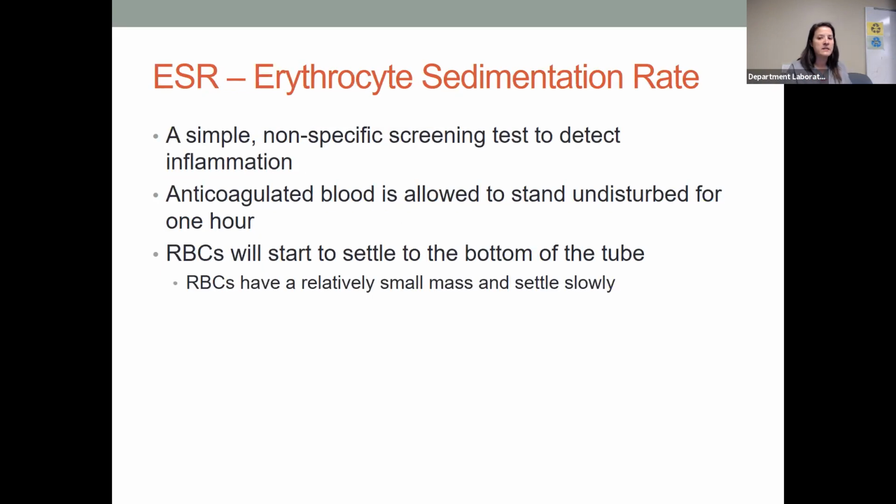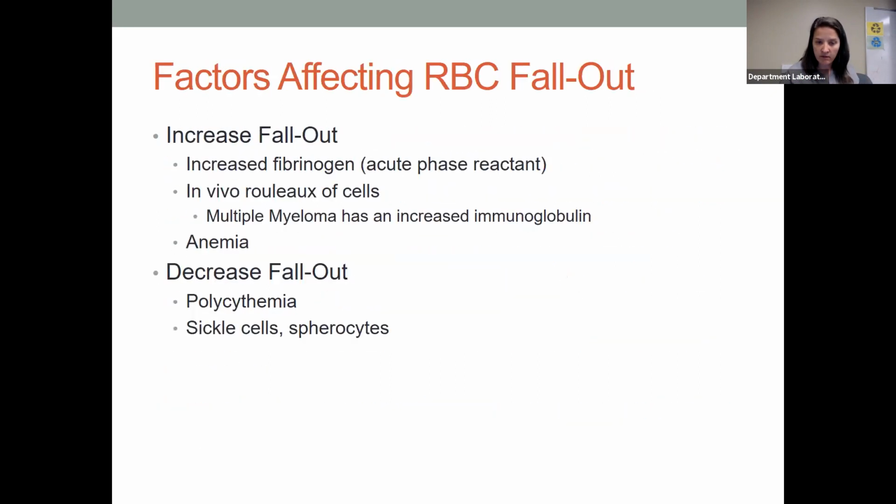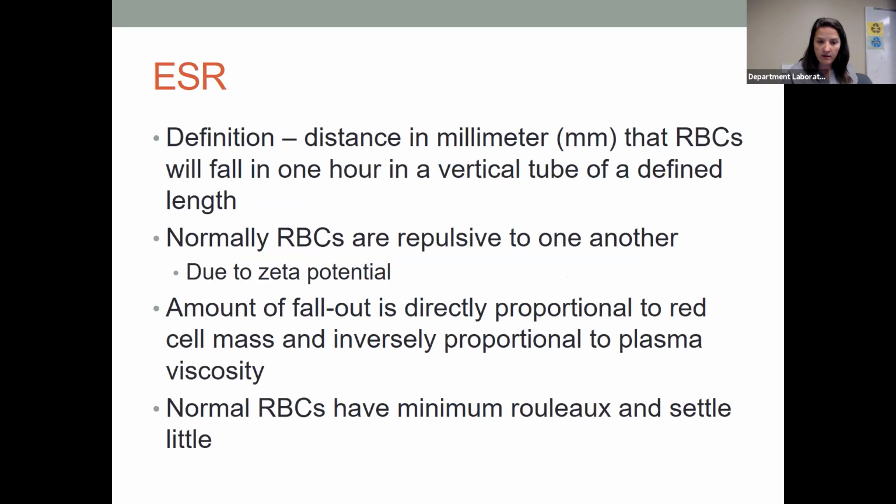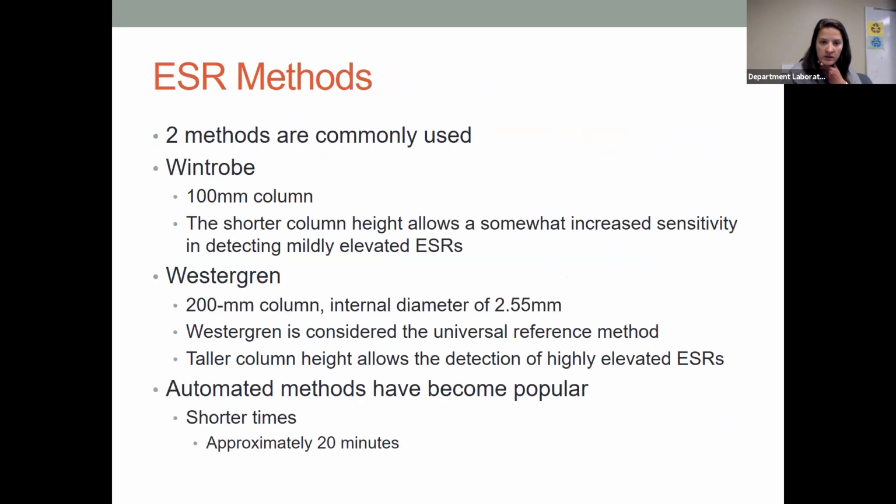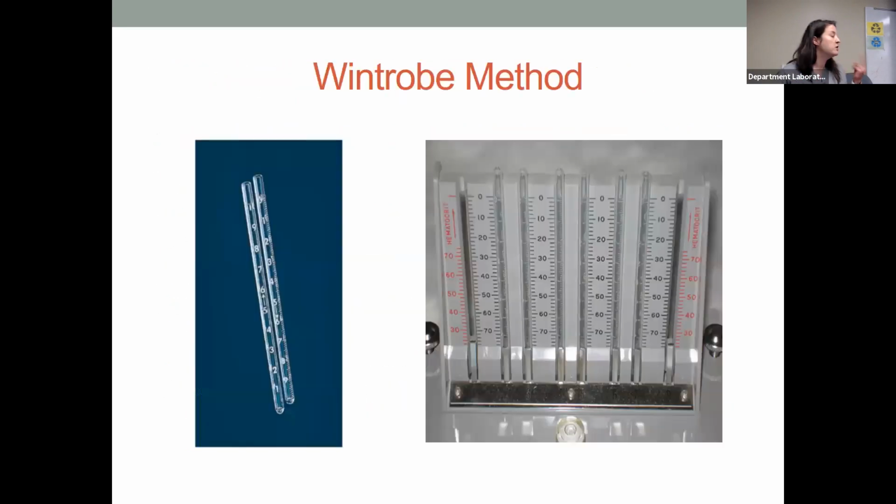All right, so the erythrocyte sedimentation rate, again: non-diagnostic, non-specific, and could be increased in several different conditions. What you want to do is take your anticoagulated blood, your EDTA sample, and use these columns. There are two different methods.